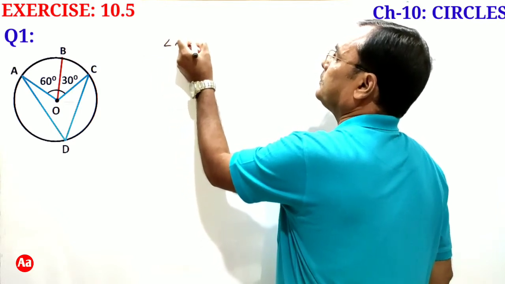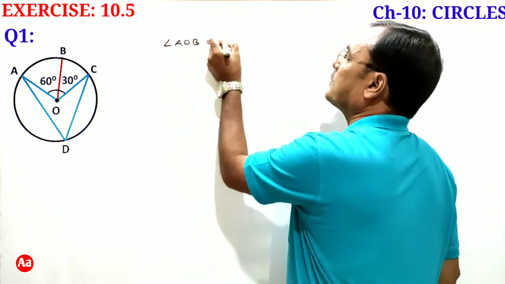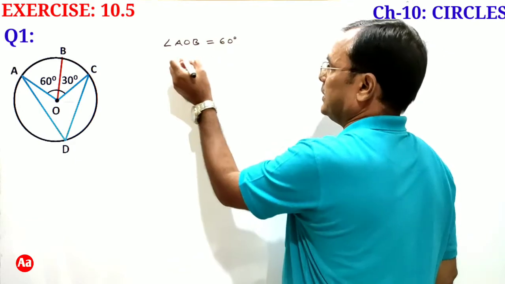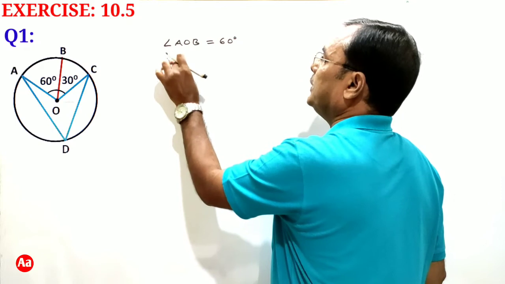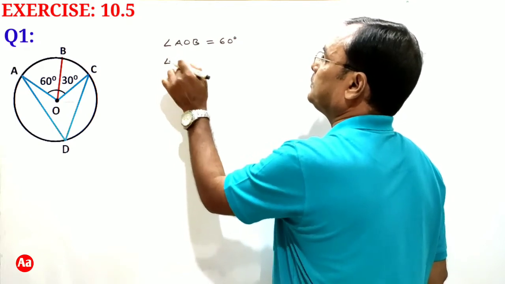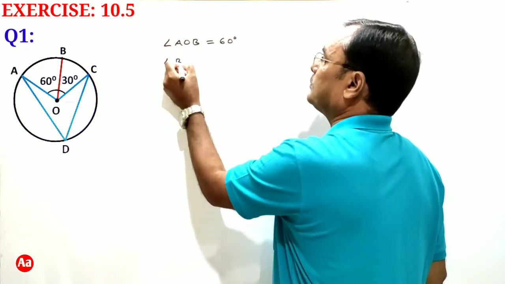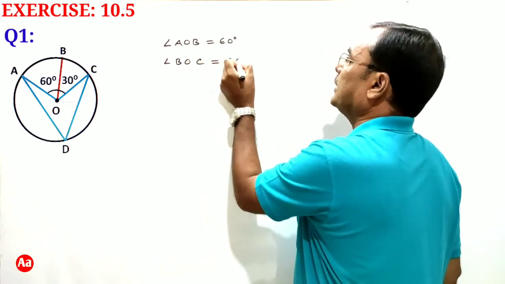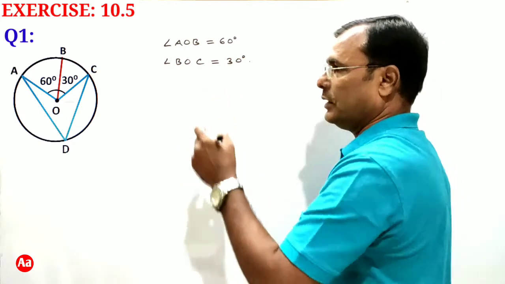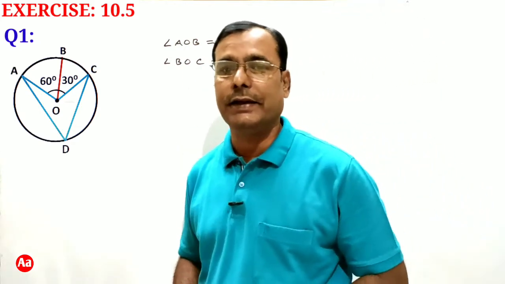Angle AOB is given 60 degrees. Angle BOC is given 30 degrees. And we have to find angle ADC.